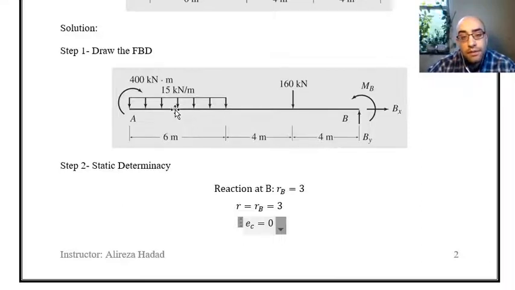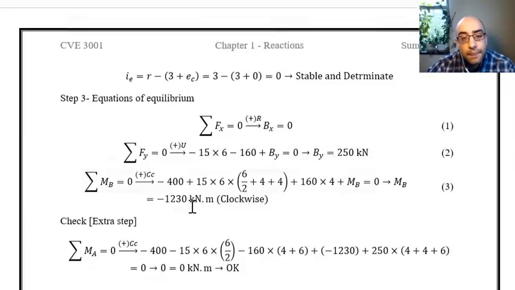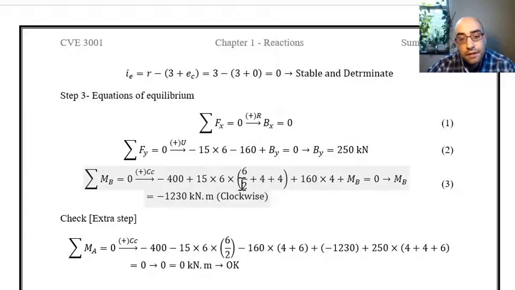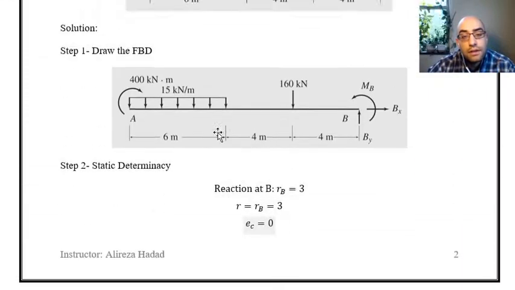Then the moment will be 15 by 6, and the distance will be 4 plus 4 plus 3. As you can see, this is positive because it is creating a counterclockwise moment.